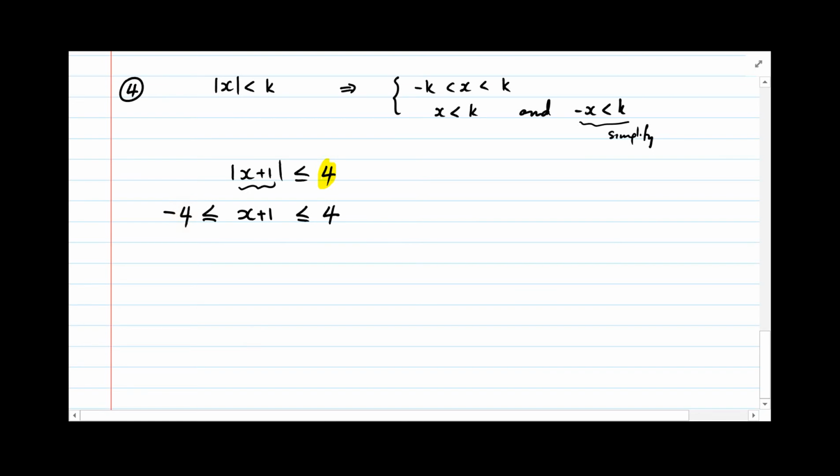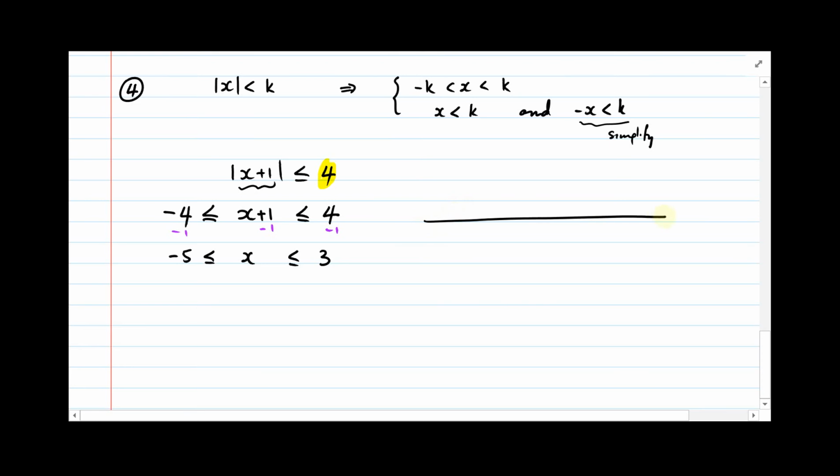Now again, looking back at our previous lectures on combined inequalities, how do we solve this? Well, we need to get rid of the plus 1, so to every part I will subtract 1, and I will end up with minus 5 less than or equal to x is less than or equal to 3.